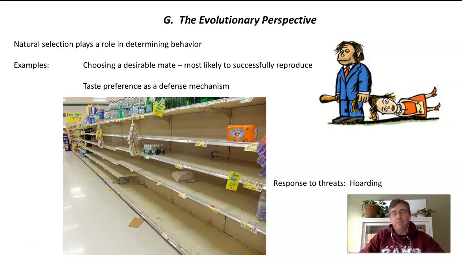And so you see that, but the evolutionary perspective is also less about socializing and more about survival instincts, things like defense mechanisms. Well, having children is a species defense mechanism to propagate and to promote the species.